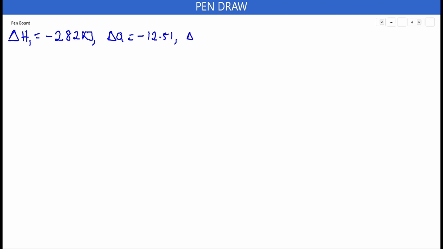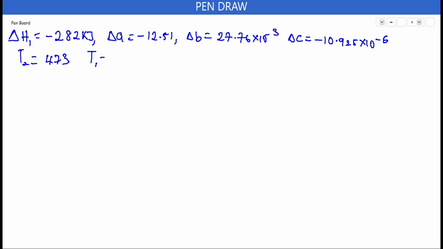And don't forget our change in B. The change in B that we got is actually 27.76 times 10 raised to power minus 3. And our change in C is minus 10.925 times 10 raised to power minus 6. So that's what we got for that. And we know our T2 is actually 473, and our T1 is actually what?